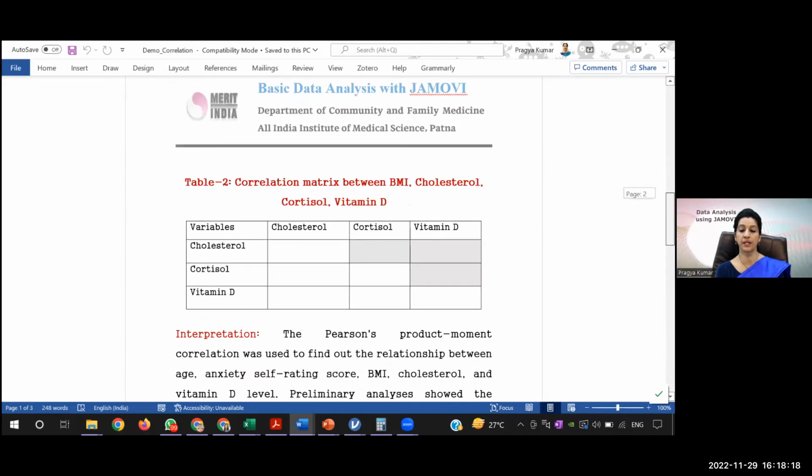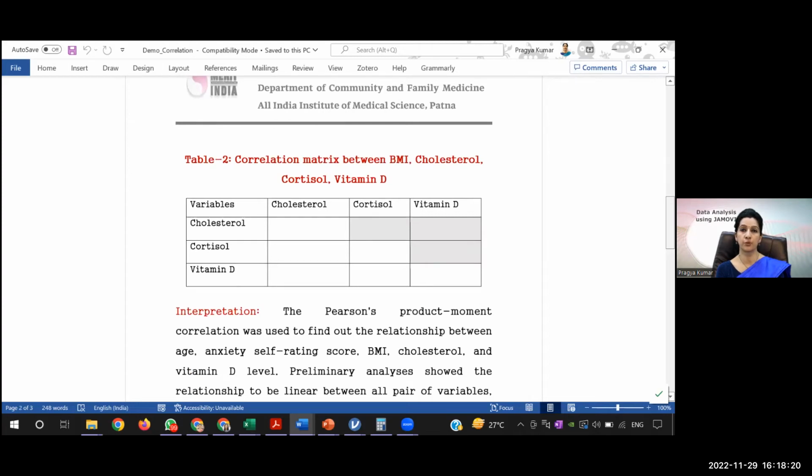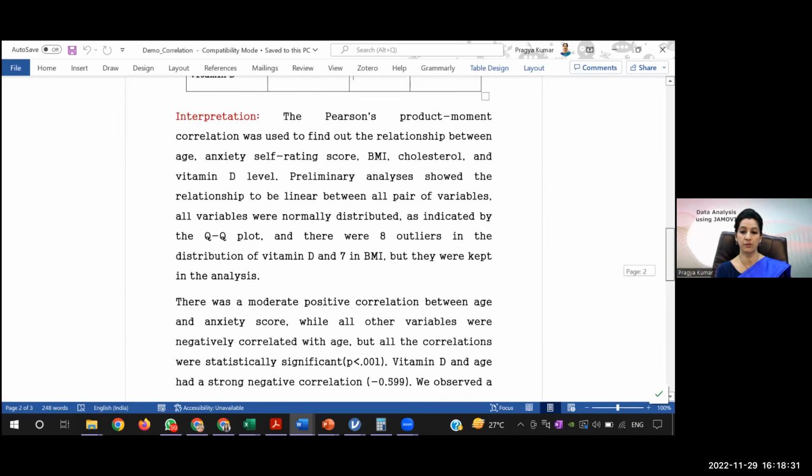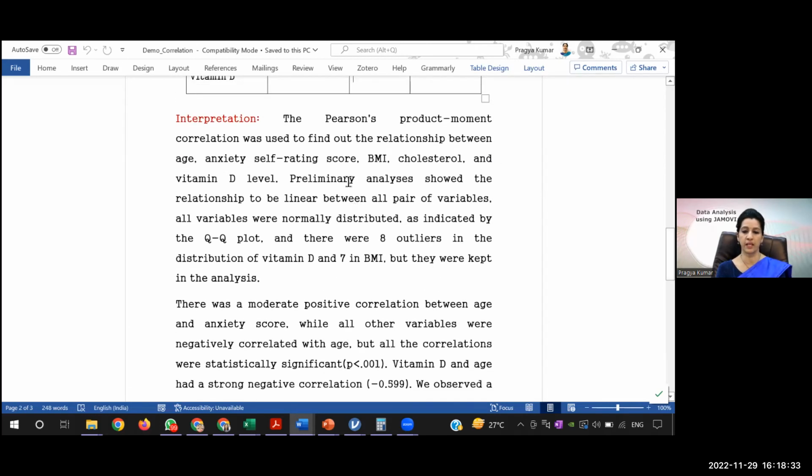So this was regarding the bivariate correlation. For multiple correlation, this is the matrix, and you can directly copy paste the values also. And this is the write-up. So this was regarding the correlation.